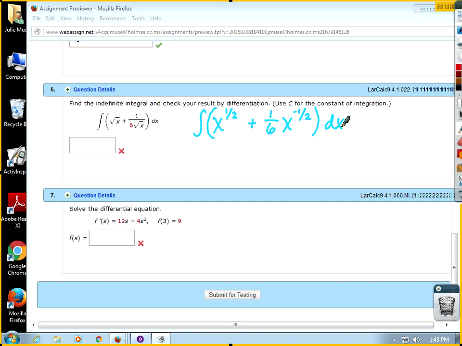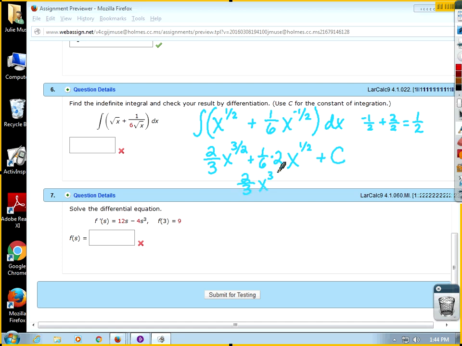Okay, so when we add 1 to the 1/2, a half plus 2/2 is 3/2, multiply by the reciprocal, so that would be 2/3 x to the 3/2. When we add 1 to the negative 1/2, we're going to have x to the negative 1/2 plus 2/2, which gives you positive 1/2. So x to the 1/2 divided by 1/2, which is the same as multiplying by 2. So that would be 1/6 times 2, and then we'll have our plus c.